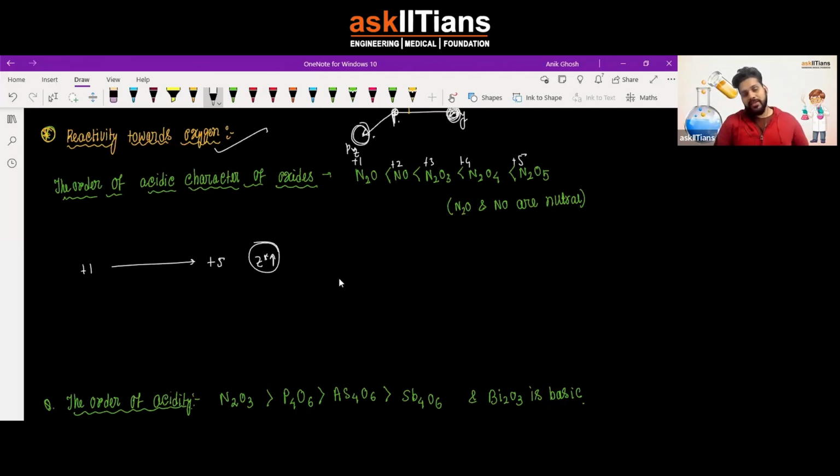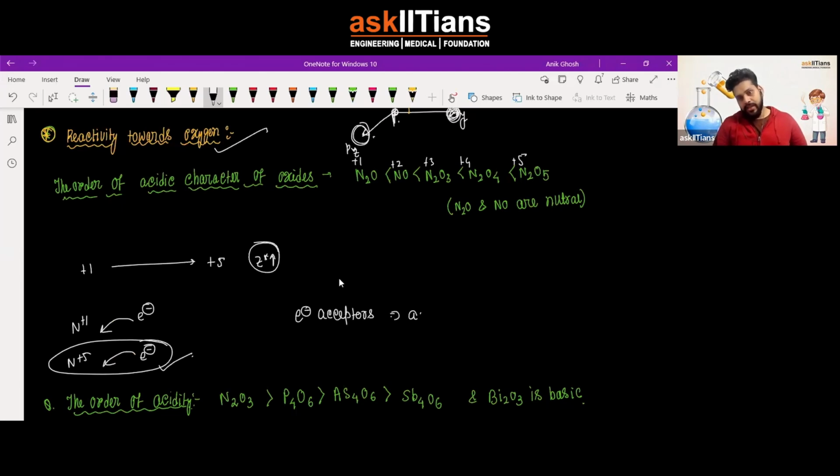If the Z star is increasing, now nitrogen in +1 taking an electron, and if I consider nitrogen in +5 taking an electron, which one would be easier? Definitely this one would be taking more electrons. So that's why we know that electron acceptors are treated as Lewis acids.